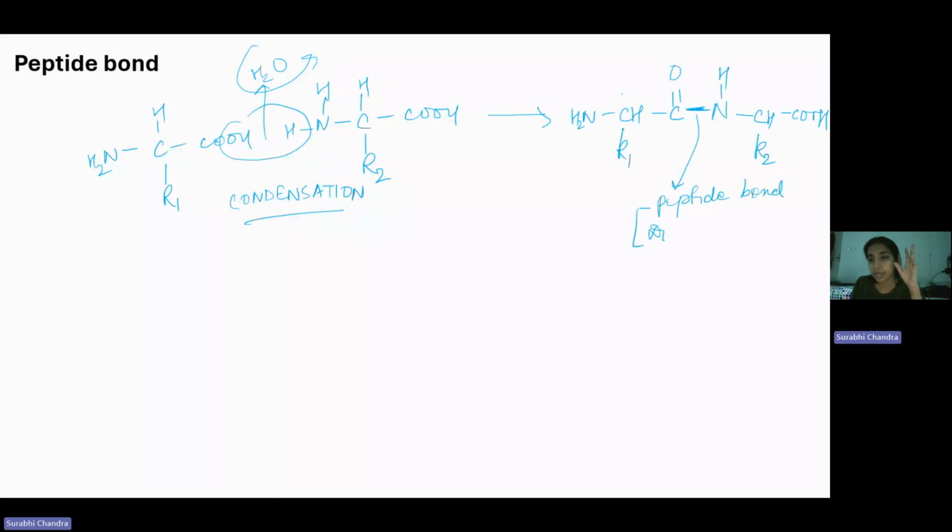So this is basically a dipeptide with only two amino acids present, but there might be multiple amino acids. Now, all the amino acids occurring here are L isomers or L stereoisomers. This is how proteins are synthesized. So a dipeptide, or suppose that there's a polypeptide.